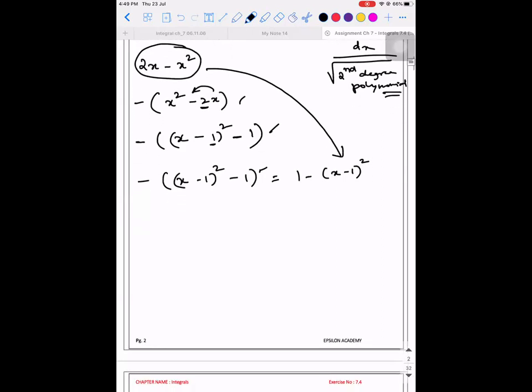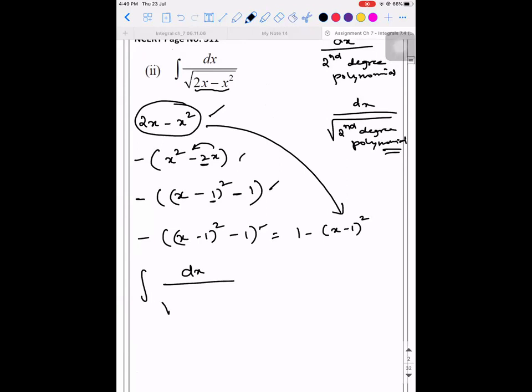So it will be integral of dx divided by, instead of 2x minus x square, I can write it as root of 1 minus of x minus 1 the whole square.